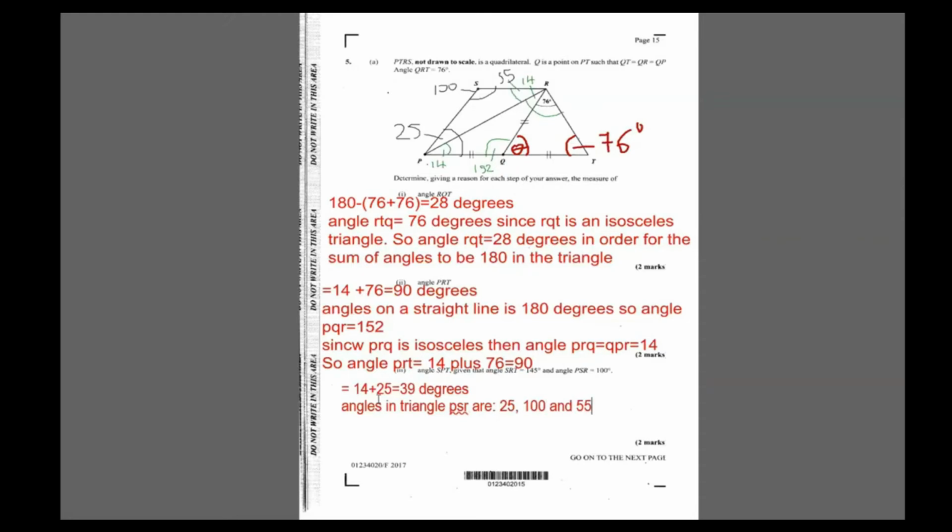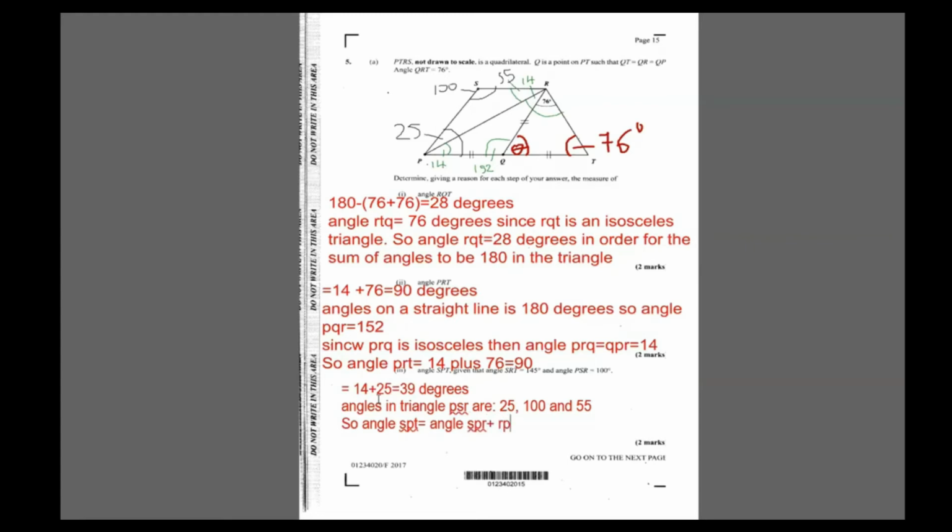And so angle SPT, which is going to be equal to angle SPR plus angle RPT.